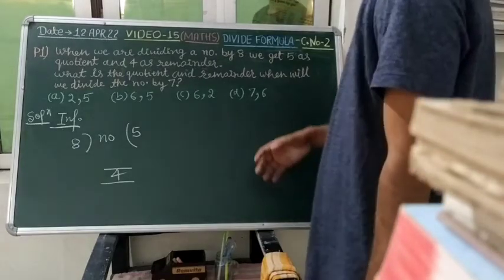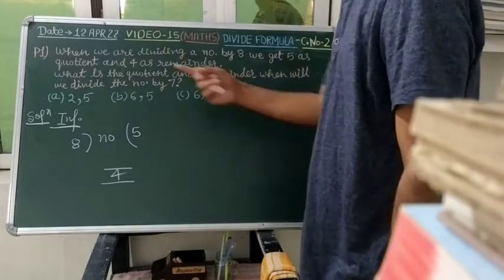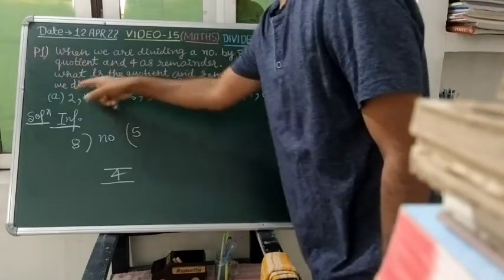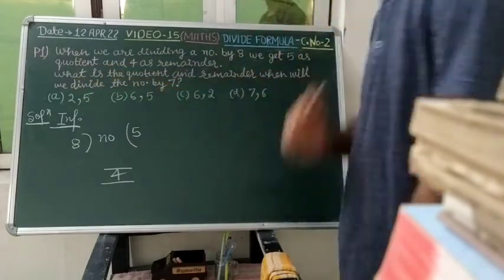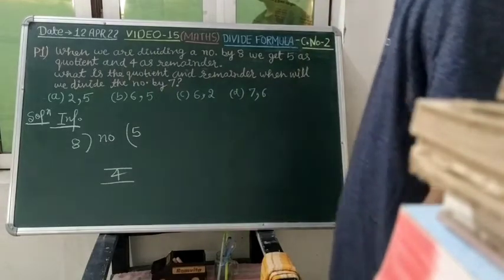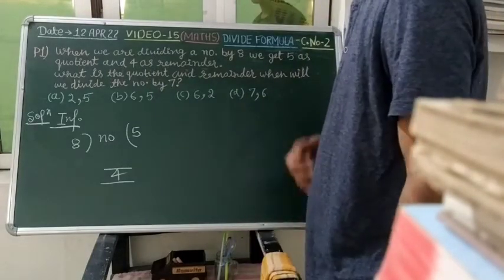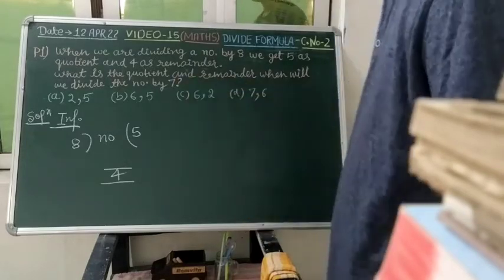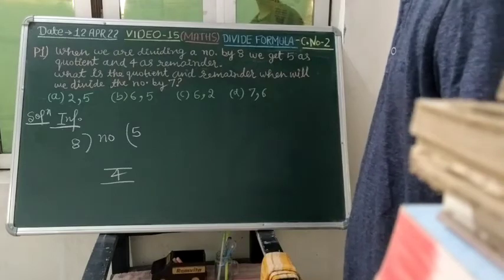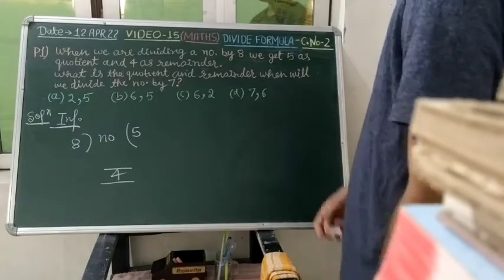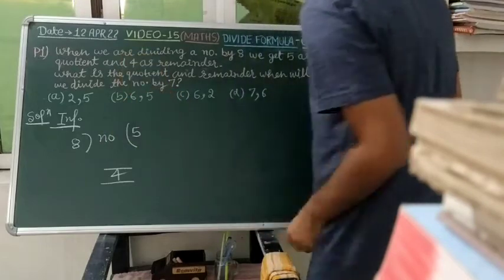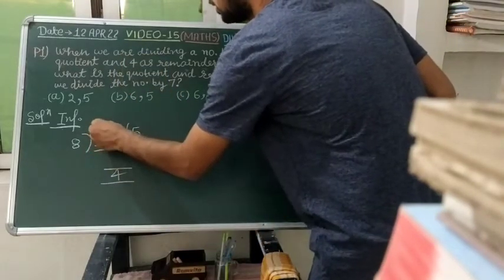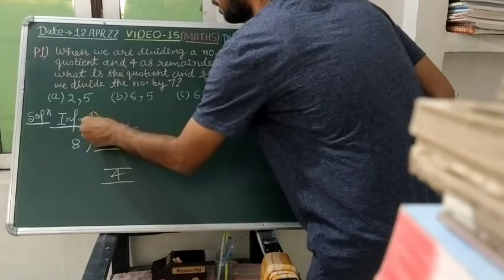The question is asking what quotient and remainder will come when we divide that number by 7. For that we will have to find out the number from this information, and this number is nothing but our dividend.